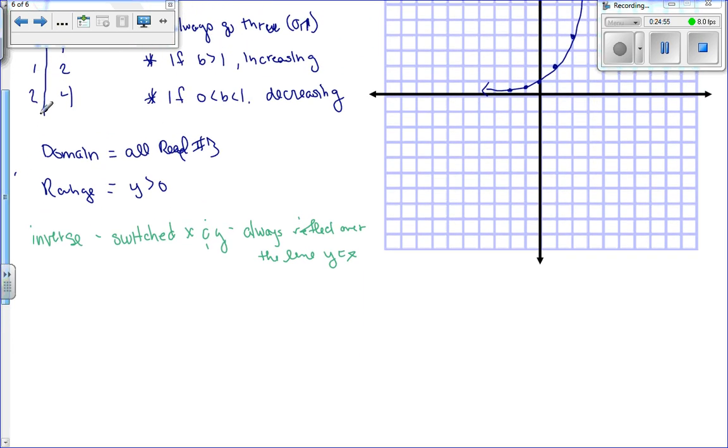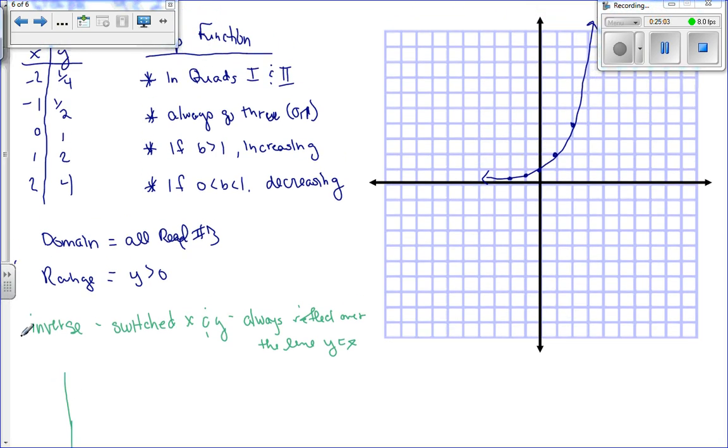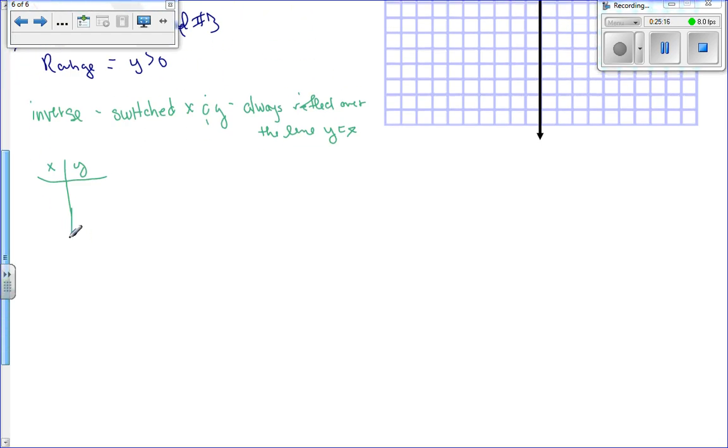Alright, what we need to do is look at our chart. When I say we switch x and y, I mean we literally are going to reverse our x and our y. So our x's were negative 2 through 2. Those are now going to be our y's.